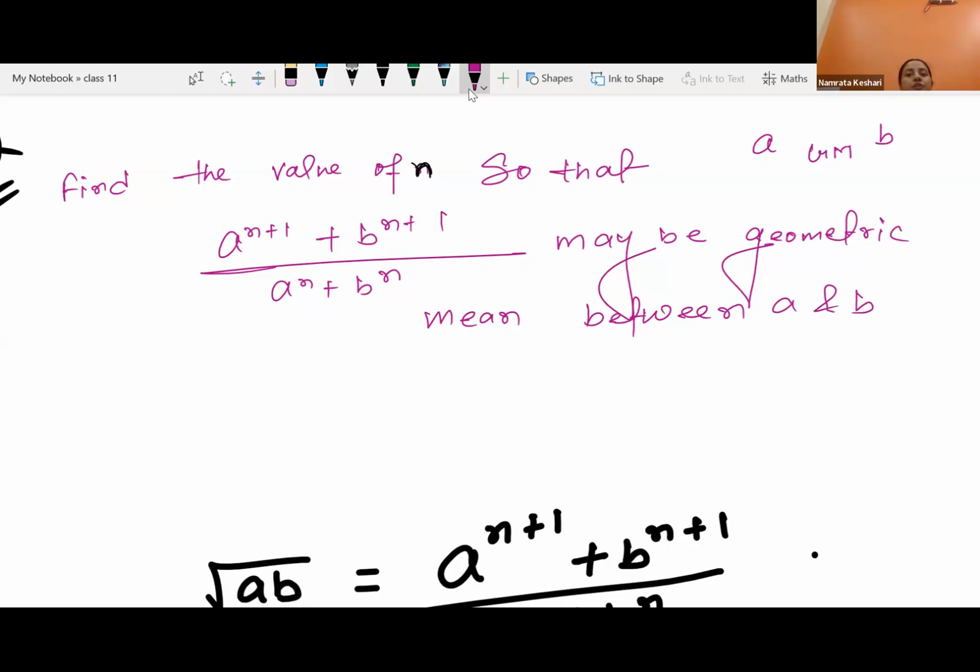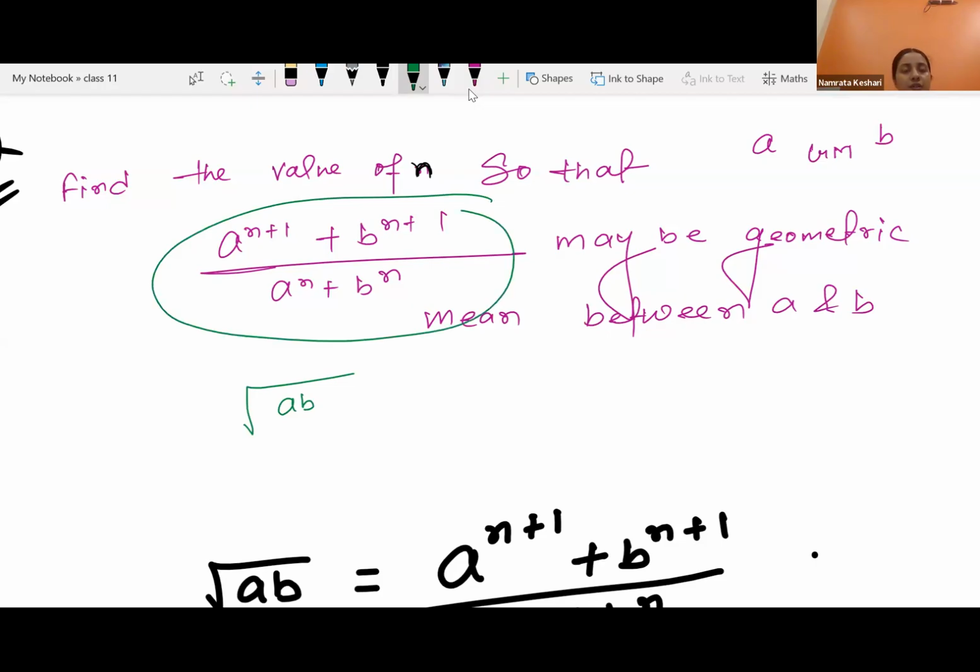So if we have the left number as a and the right number as b, the geometric mean will be root AB, right? Yes, ma'am. So according to us, the geometric mean was root AB, and according to the question, this is the geometric mean written in the question.